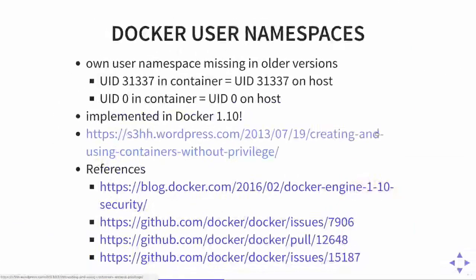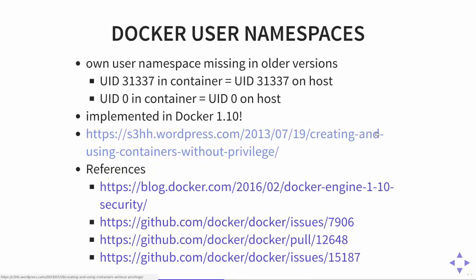Another thing is that Docker in the meantime implemented user namespaces. That means if you are root inside the container, you are not actually root from the host point of view, or to the kernel. You're not talking to the kernel as root. How it works is standard namespaces, where inside you are, for example, UID 0 root, but you are talking to the kernel as some very high unprivileged ID.